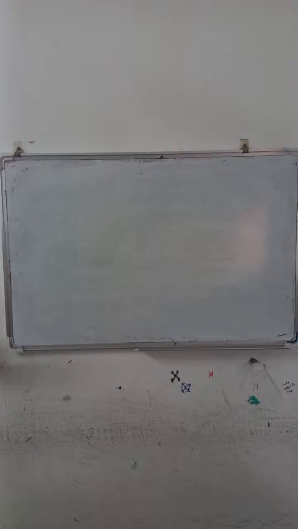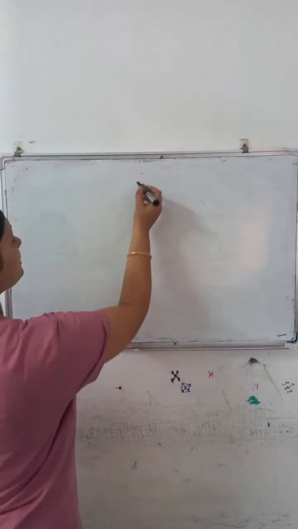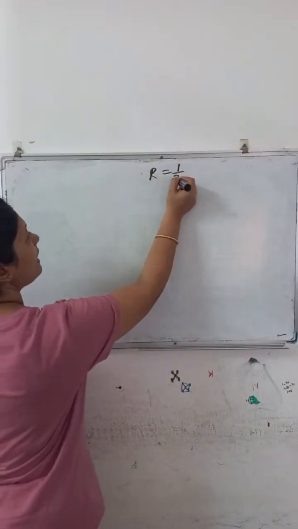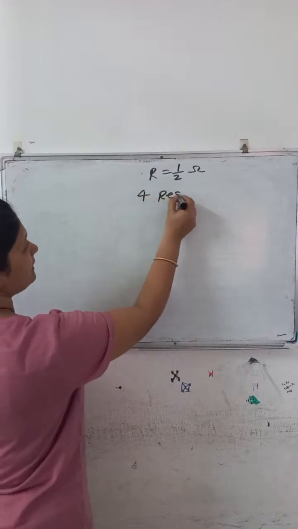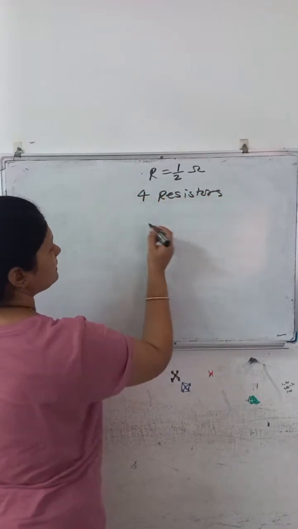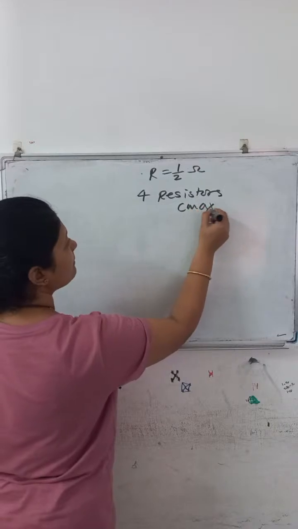So here they are asking what is the maximum resistance, and here each resistor is given as half ohm. So we have 4 resistors here. We have to find out maximum R.